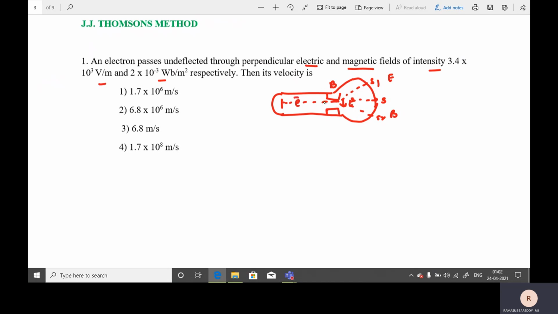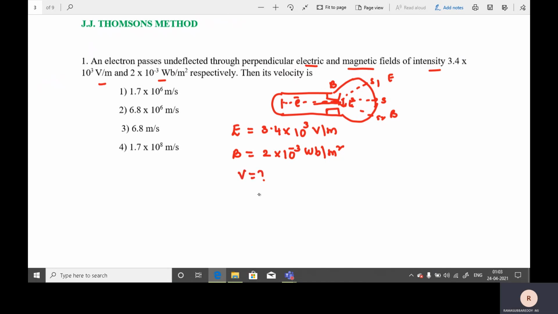Now the electron is moving through perpendicular electric and magnetic fields. They gave the electric field as 3.4 into 10 to the power of 3 joule per meter, and the magnetic field as 2 into 10 to the power of minus 3 weber per meter square. Then what is the velocity?